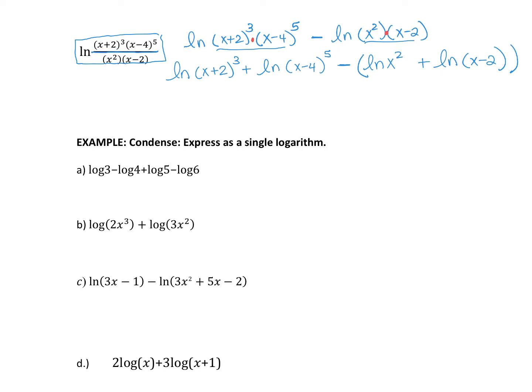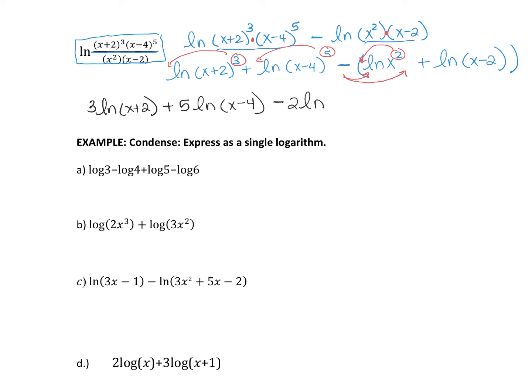As a final step, we'll bring our exponents down in front of our respective logs, and we will also distribute this negative sign. So we're going to have as a final result 3 times the natural log of x plus 2 plus 5 times the natural log of x minus 4 minus 2 times the natural log of x minus the natural log of x minus 2.